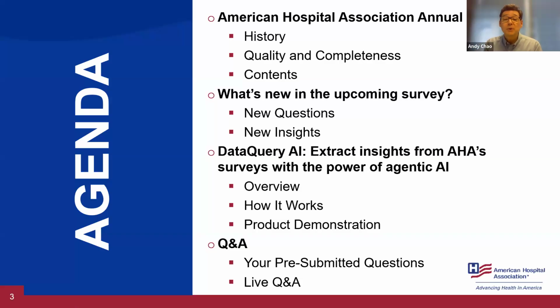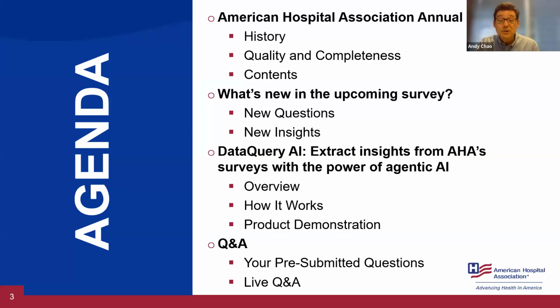So our agenda: I'll start with an overview of what the annual survey is and the steps we take to ensure its quality and completeness. I'll spend a little time talking about what's in the upcoming release, including a sneak peek at some of the new items related to AI, telehealth, and workforce strategy. And then I'm going to do a short demonstration of Data Query AI, which is a new chat-based product that we've launched this year that lets you run simple searches and complex analysis through a chat-based interface that actually sits on top of the annual survey.